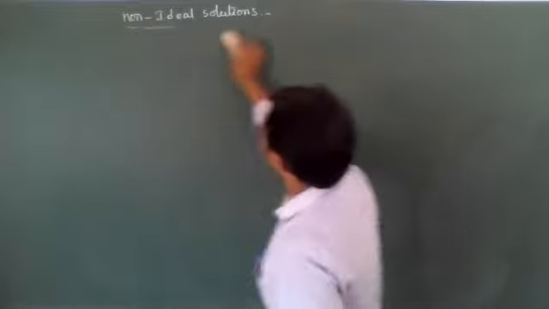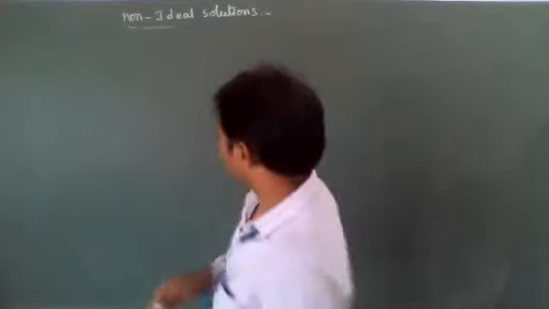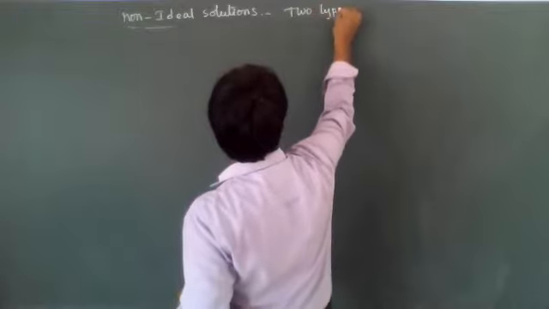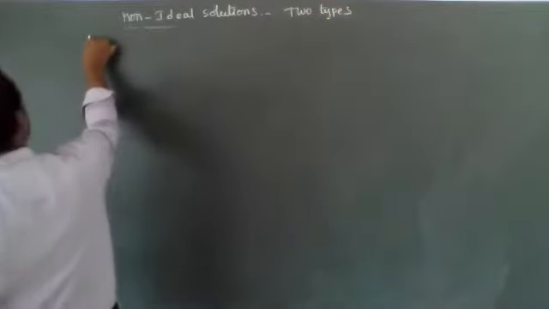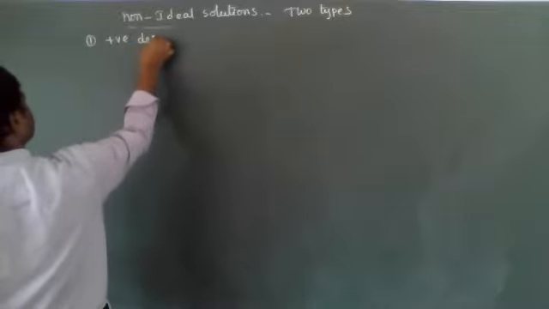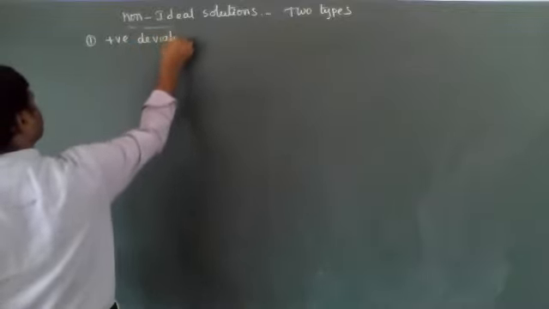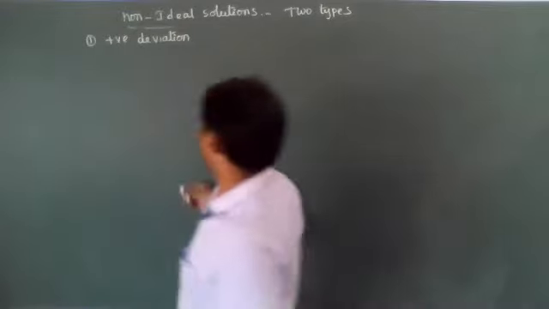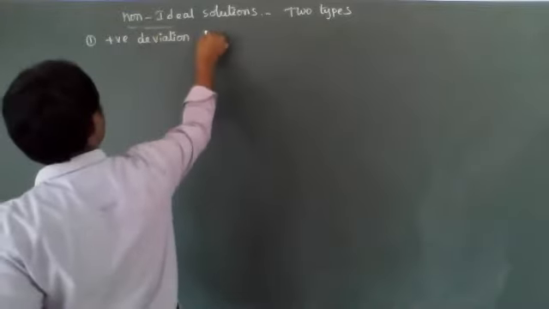The non-ideal solutions are of two types. The first one is positive deviation from Raoult's law, or positive deviation solutions.